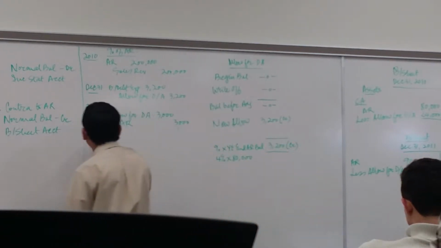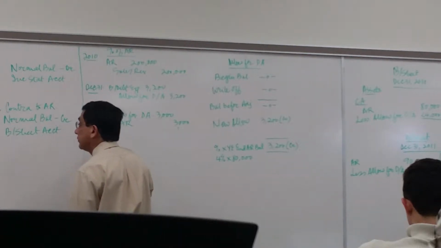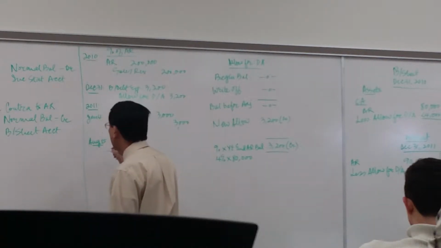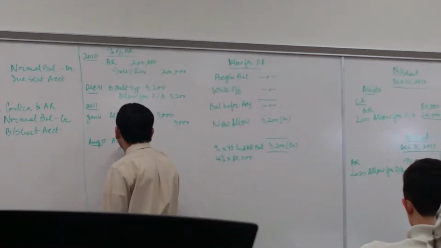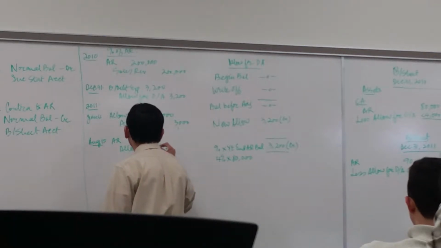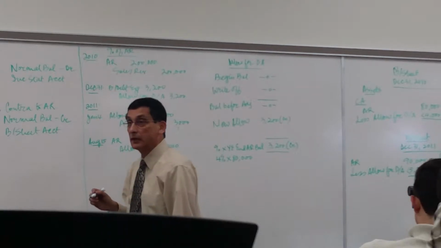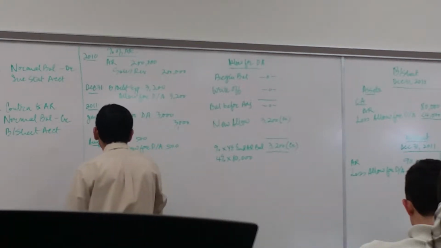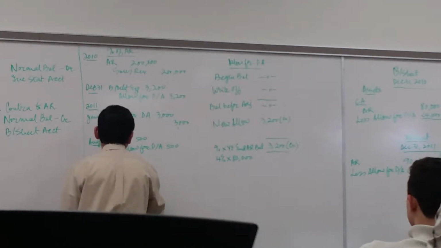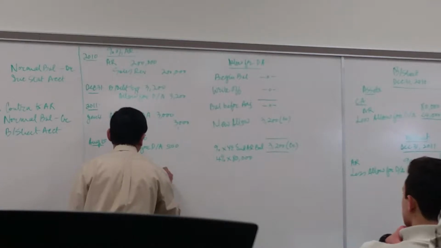August the 15th, you reinstated Abel to the extent of $500. Debit AR 500, credit allowance for doubtful accounts 500. Then you collected 500 from Abel, debit cash 500, credit AR 500.